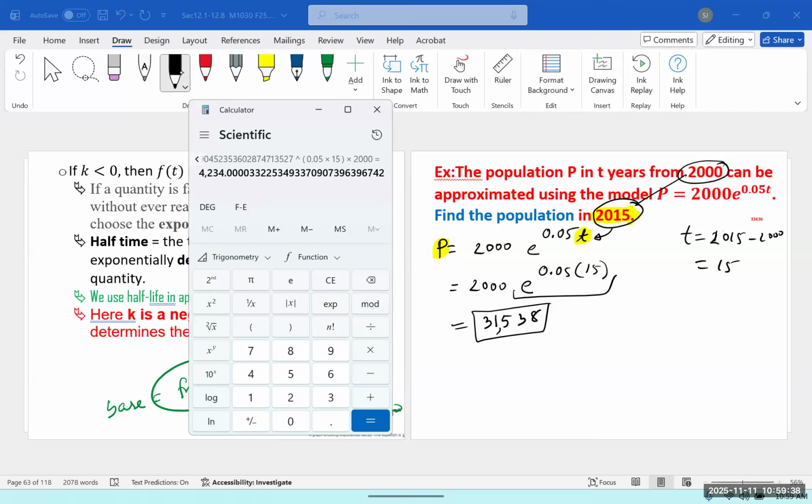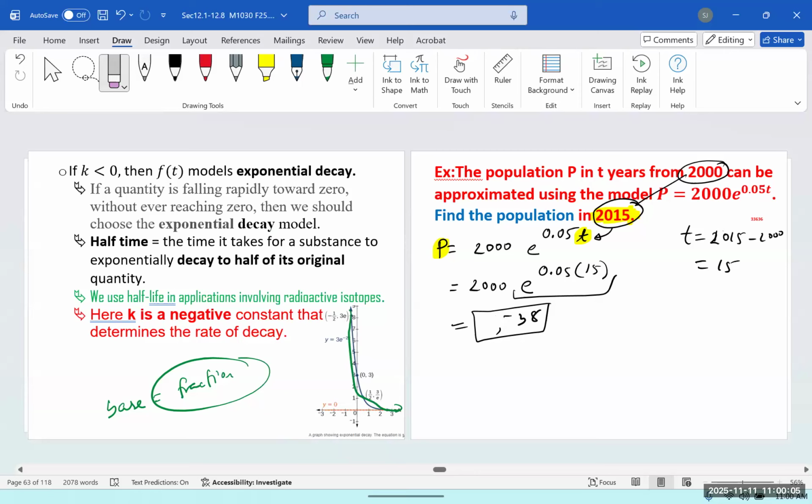4234. What did you do? That means this answer is wrong. 33,636. Or did I do something wrong? From 2000 to 2015, it's 15 years. And you have 0.05 and you have 2,000. No, you're right. Let me just double check. 4234.